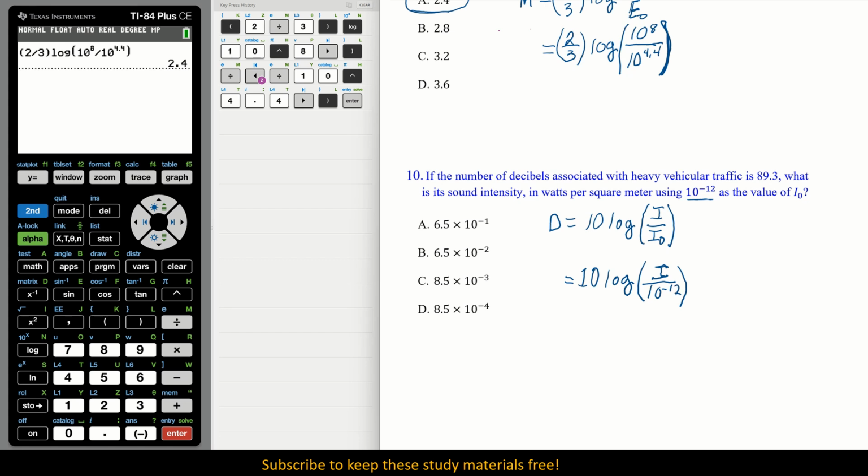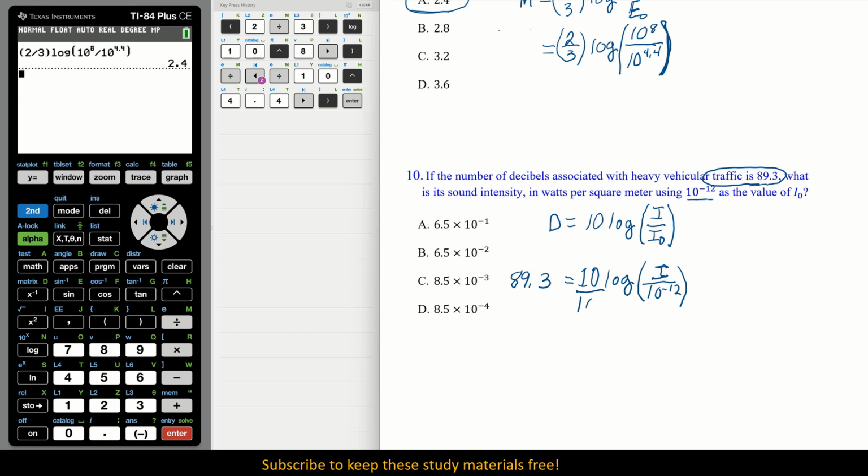The other side of the equation is the overall value. We're given the value, so that's going to help.